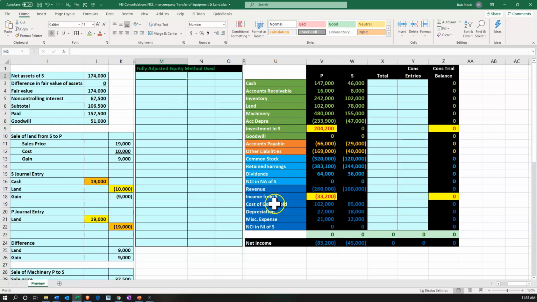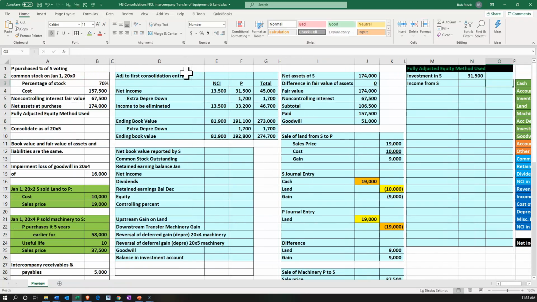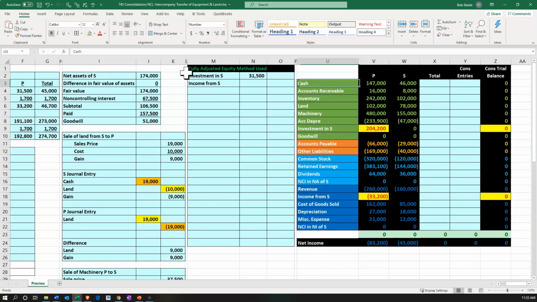Normal equity method stuff is we take the net income, which is this minus this, and that would be the 45,000. And P would normally record that with a debit to the investment account and a credit to the income from S. So that's going to be then, we're going to say negative of this, and we're going to take our 70% interest in it by saying this 70% over there, and that's going to be the debit and the credit.